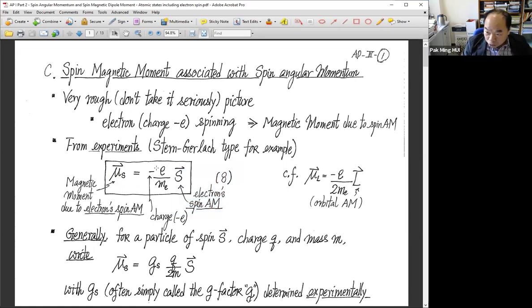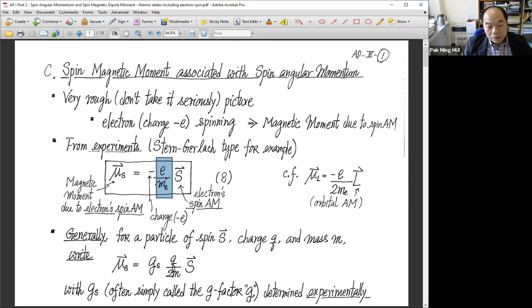And the relationship is in the opposite direction, for the reason that the electron is conventionally given negative e charge. And there will be a ratio. This ratio goes like e over m, without the 2 in the denominator. It is an experimental fact to start with.